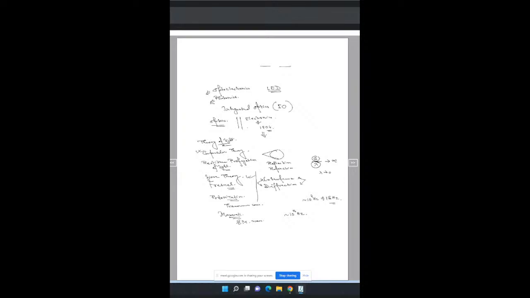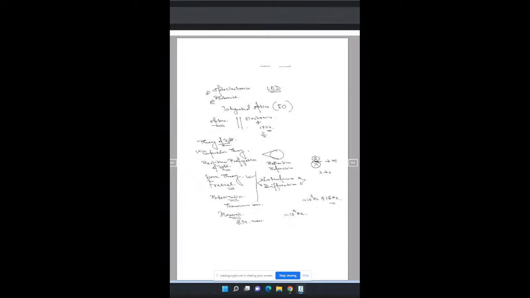And you know that there are different frequency bands which are given different names: high frequency, very high frequency, ultra high frequency, microwave, millimeter wave. Generally microwave is of the order of gigahertz, so light is 10 to the power 5 times more.